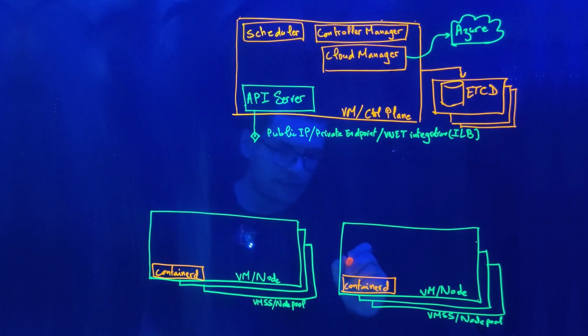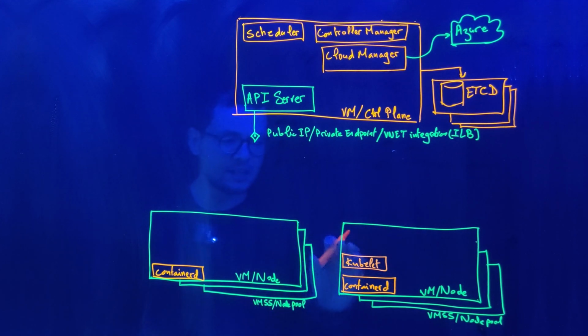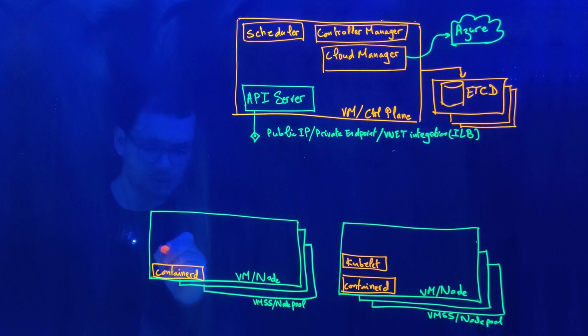And then we would have other components like the kubelet. The kubelet will not run as a container, but as a process within all the virtual machines, and its role is, for example, to pull the images that we request from the registry. That's going to be done by the kubelet.